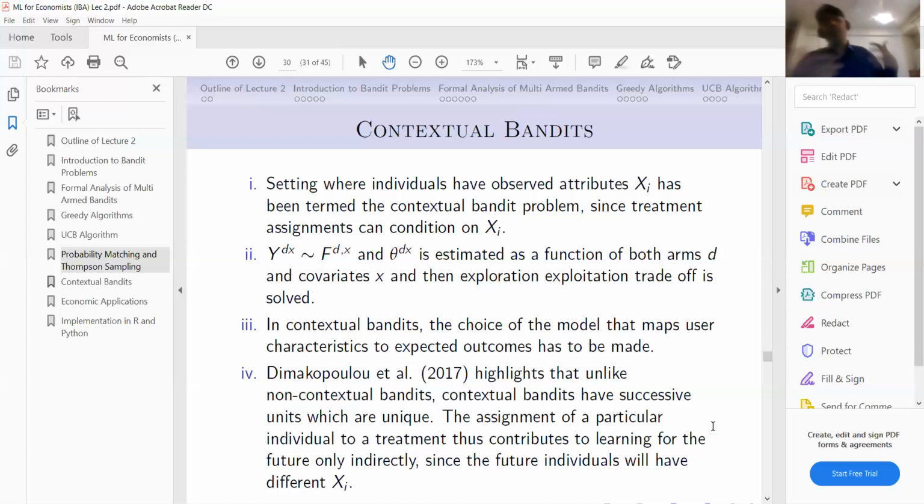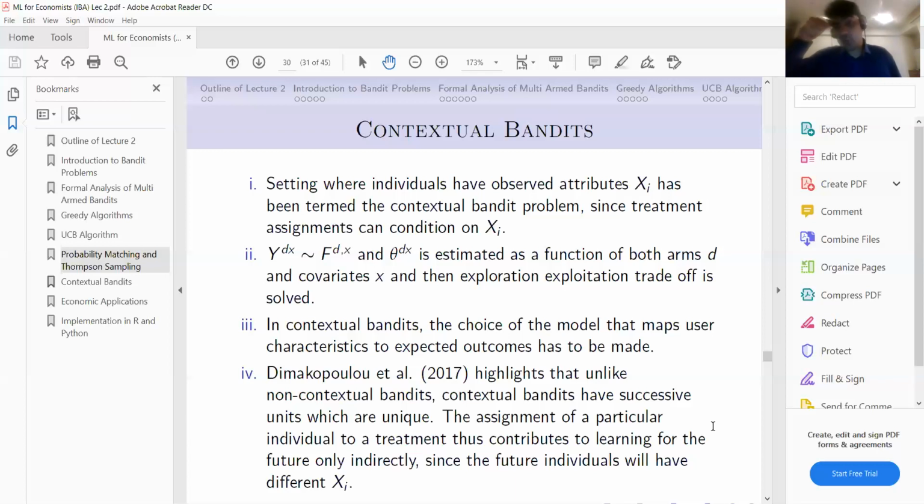So whatever you learn from experimenting with an individual that comes at time t, by allocating him into a certain treatment group, is going to help you learn not just the probability of success of this treatment, but also something about the mapping between characteristics and the outcome variable.